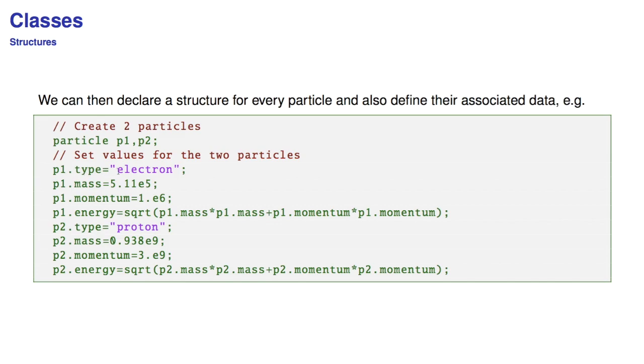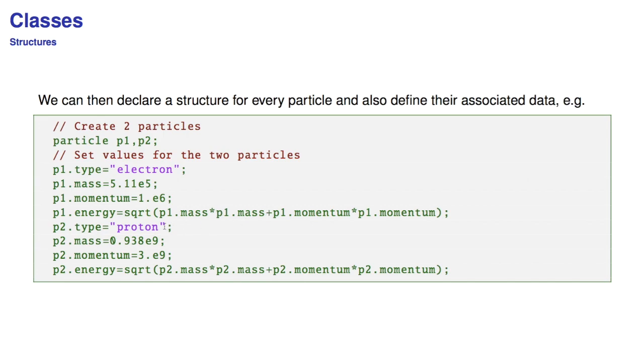For P1, the type would be electron, and its mass would be 5.11 times 10 to the 5, so mass expressed in electron volt. We should have said what the units are, of course. We didn't. And the momentum could be a million electron volt over C, and then we could calculate its energy by just calculating the square root of the square of the mass plus the square of the momentum.